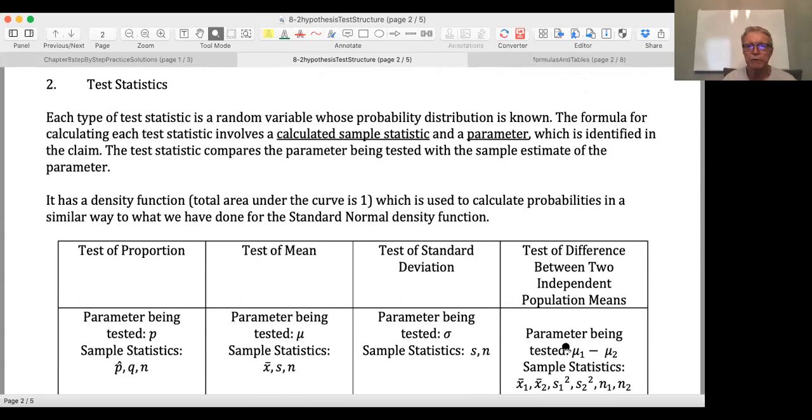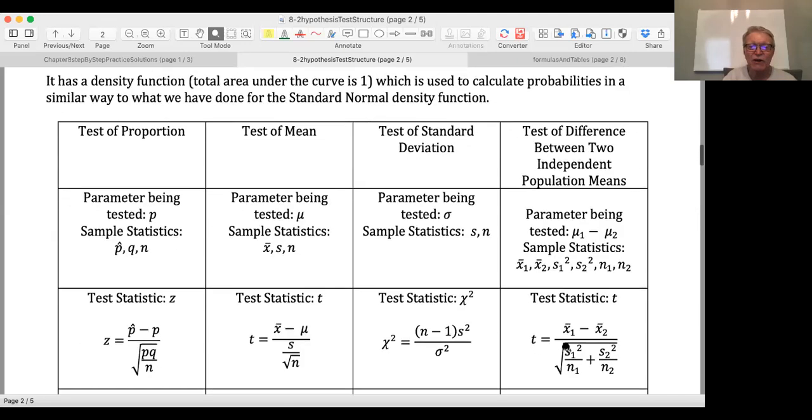P, which is a proportion of successes in a population, and mu, the lowercase Greek letter mu, as the mean of a population, and the lowercase Greek letter sigma, as the standard deviation of a population. And we're going to have a test statistic for each one of these.